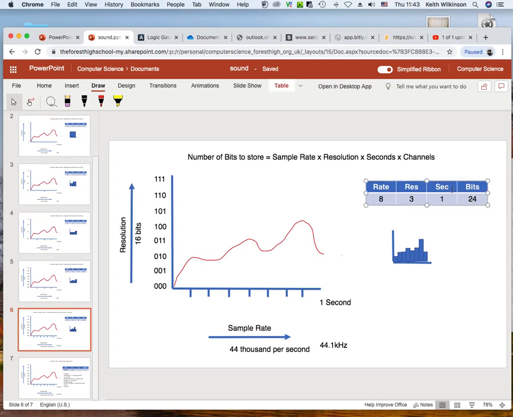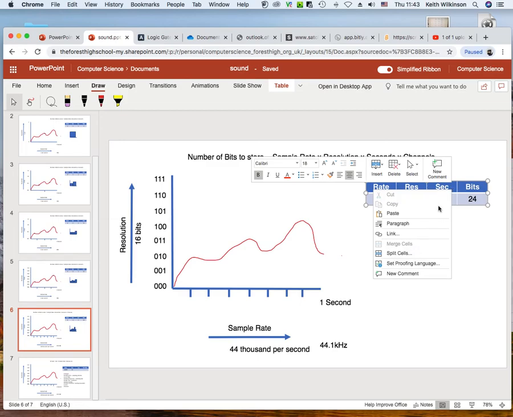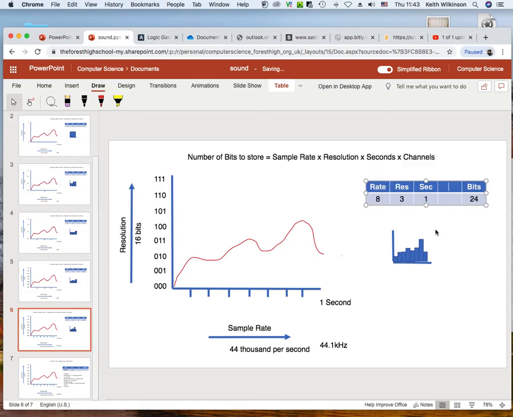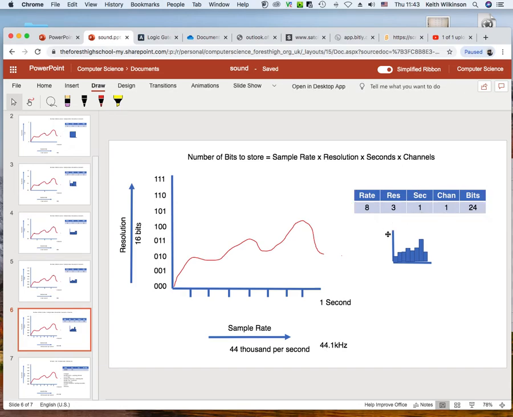But if I also increase this to have channels, then I need to change my equations accordingly.